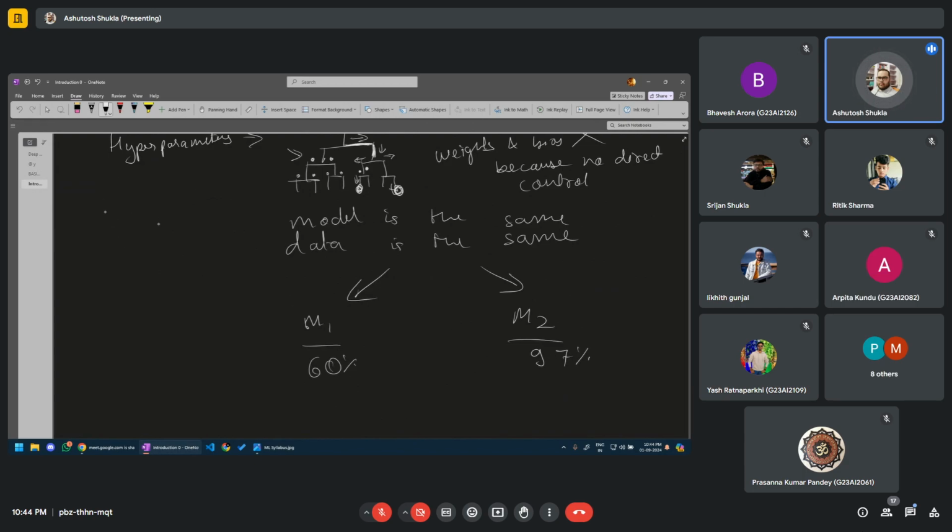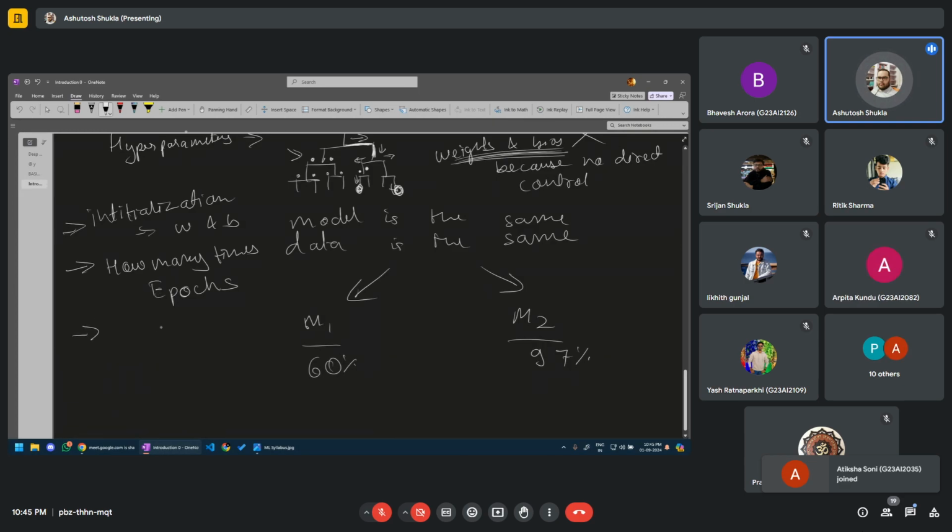Things that you have in your control, for example, the initialization of weights and biases, is in your control. That becomes a hyperparameter for the first time, that's it. After that it doesn't, because it gets adjusted automatically. The other thing that you have in hyperparameters is how many times you're training, which is called epochs.